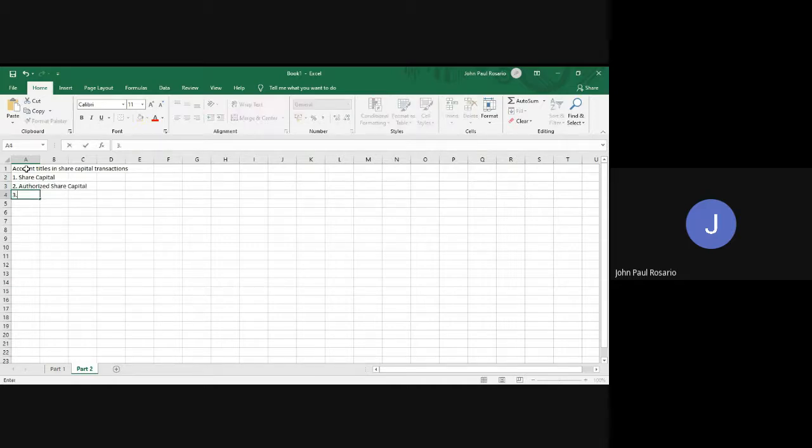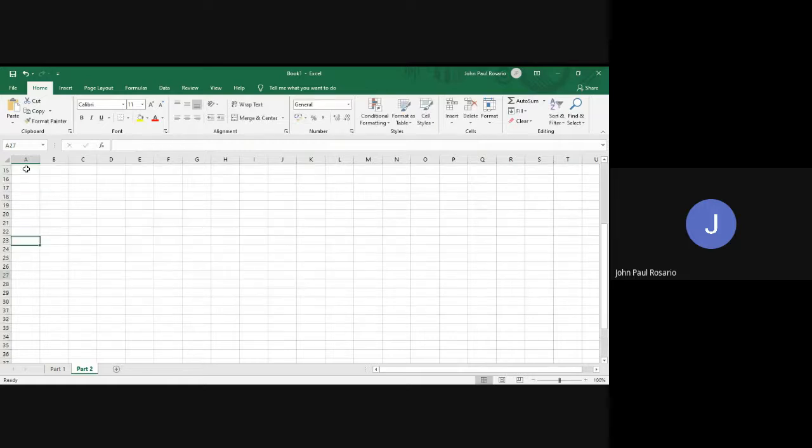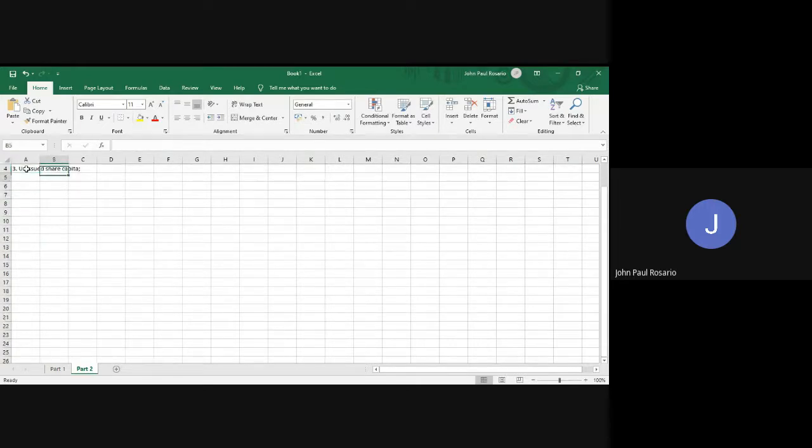Then unissued share capital. Next, subscribed share capital.